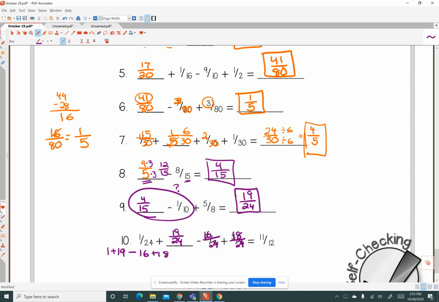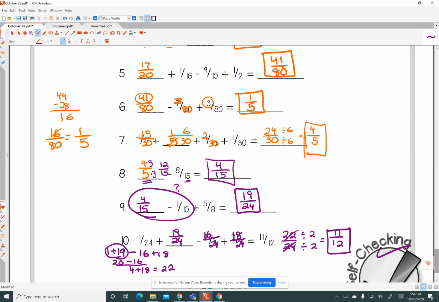These are the numerators. So 1 plus 19 is 20, minus 16 is 4, and 4 plus 18 is 22. So we have 22 over 24. Now you may think that's not the right answer, but if we divide the top and the bottom by 2, we get 11/12, and our entire page checks.